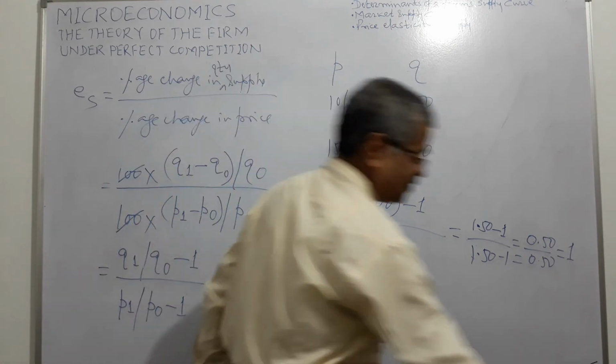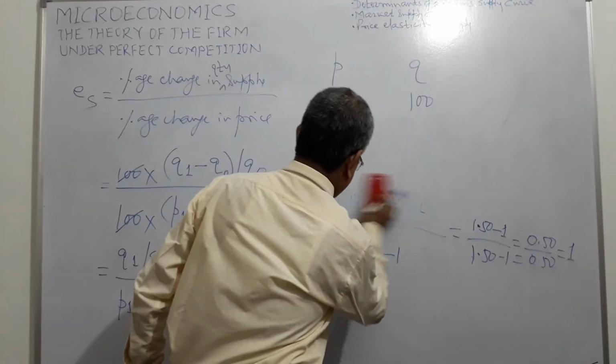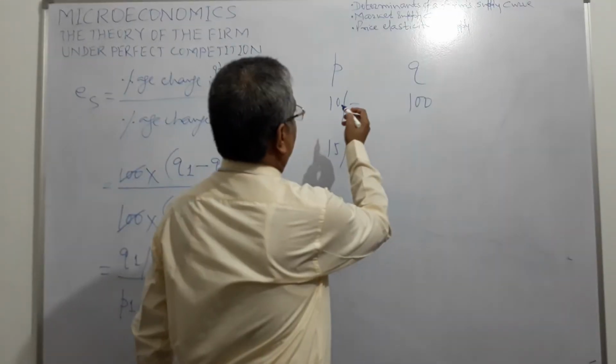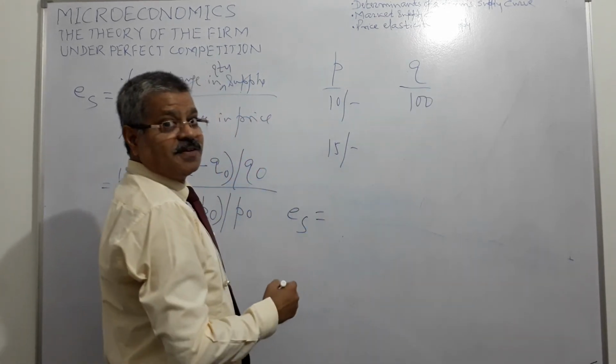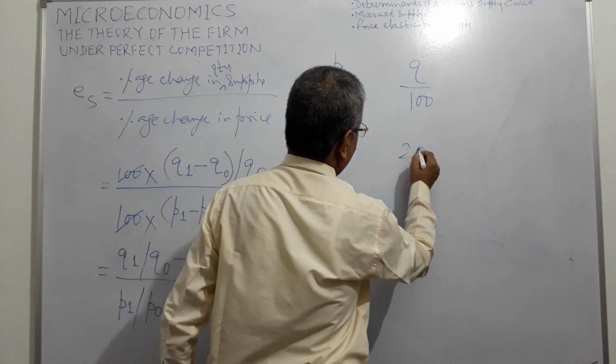Let us change this in order to make it better. When the price is 10, quantity supplied is 100. When the price increases to 15, quantity supplied becomes 200.